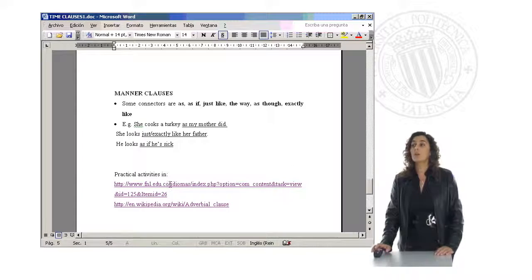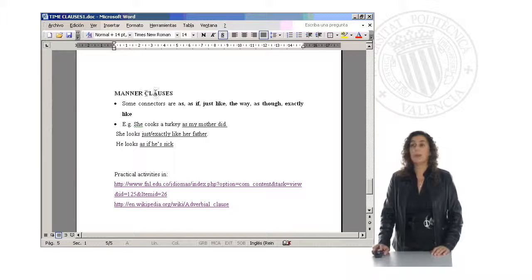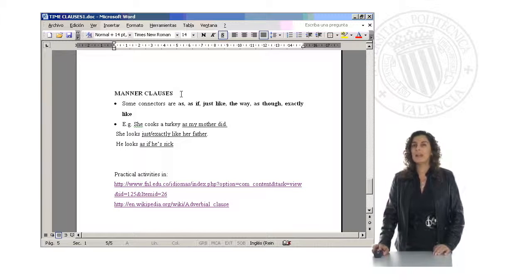Well, the last clauses I'm going to explain are manner clauses. Manner clauses are used to explain the way I observe things or facts. We are linking two sentences, the main clause and the subordinated clause, and in the subordinated clause I am explaining the way I observe something.